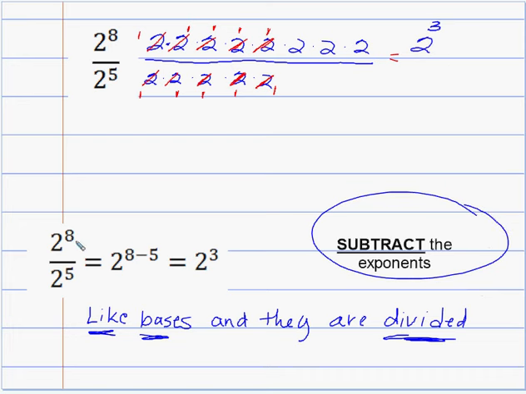So we took 2 to the 8th divided by 2 to the 5th, became 2, 8 minus 5. We took the numerator exponent, subtract the denominator exponent from it, and we get 2 to the 3rd power. Okay? So those are 2 properties of exponents that you will be expected to know.